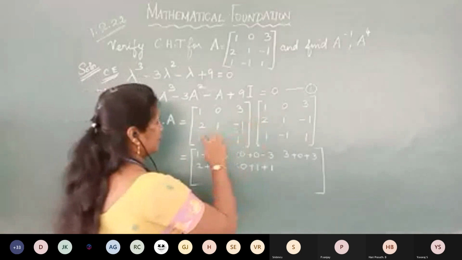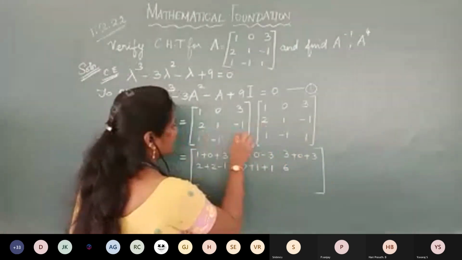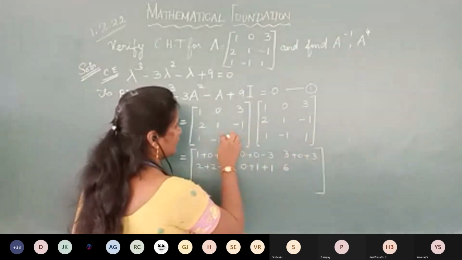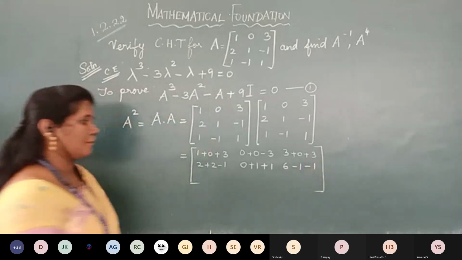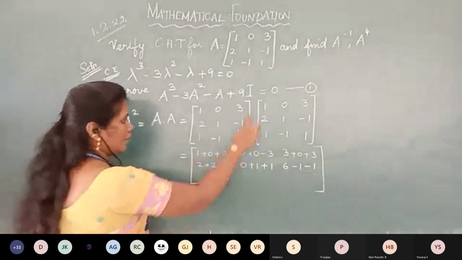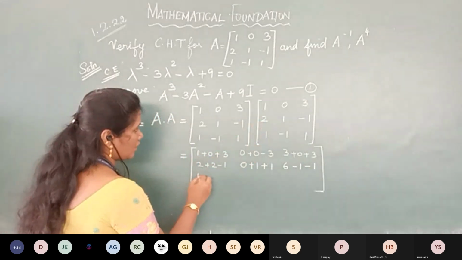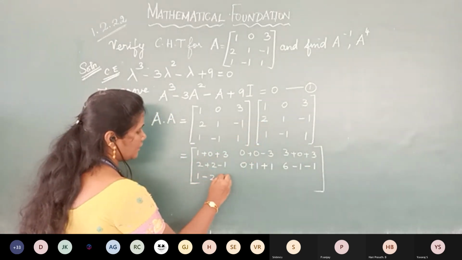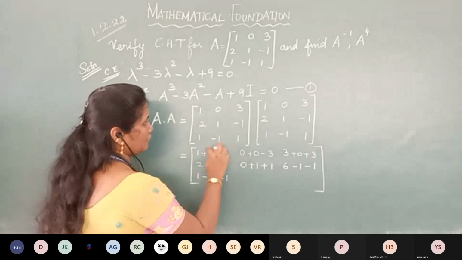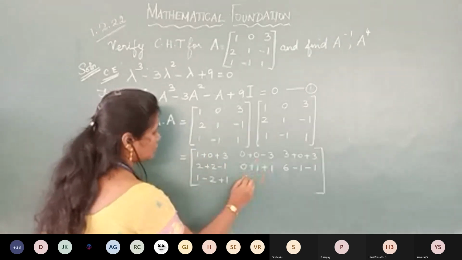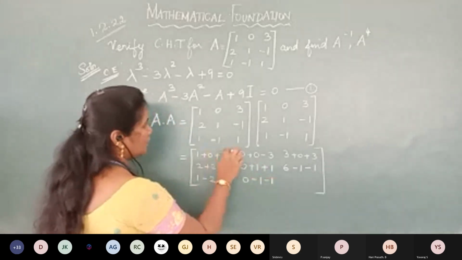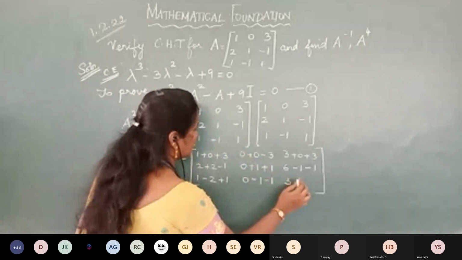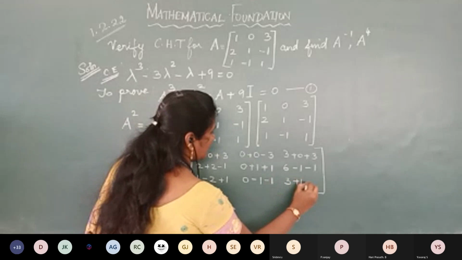Very good. Then it is 6, this row and third column: minus 1 and minus 1. Third row and first column: it will be 1 minus 2 plus 1. Then third row and second column: 0 minus 1 minus 1. Then it is 3 plus 1 and plus 1.